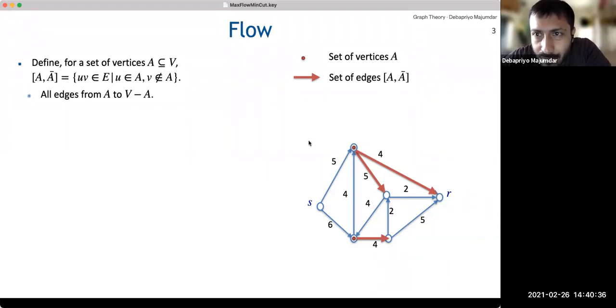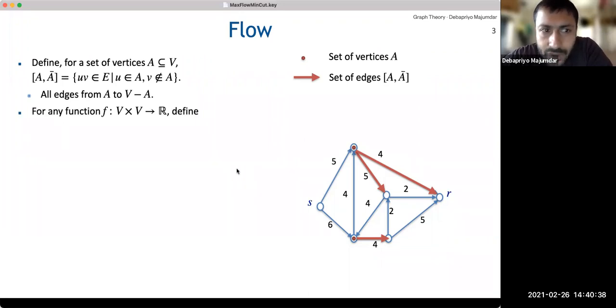So that's A bar. Now for any function, of course, we have already seen the capacity function, right? But let's think about some other function. So any other function from V cross V to real numbers, any other function for any pair of vertices.